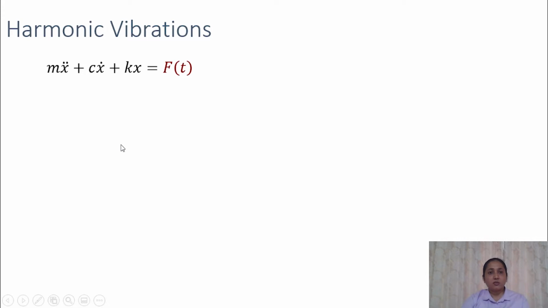This is the equation of motion of a structure under forced vibrations. So, we have some time varying force acting on the system. In harmonic vibrations, a harmonic force is acting on the system and that force can be represented as a sine or cosine function with some amplitude.